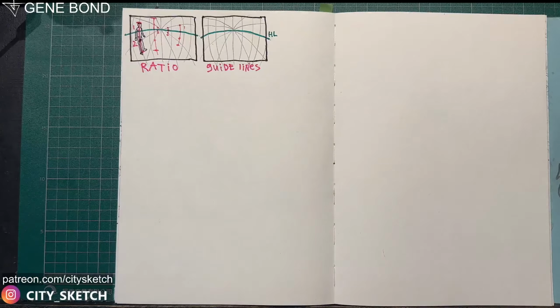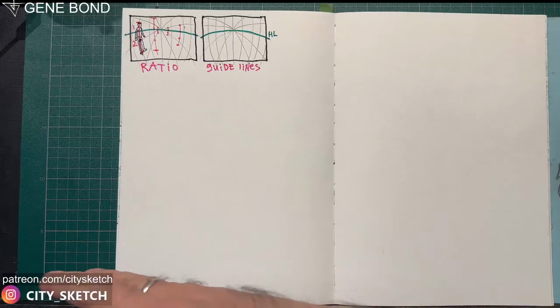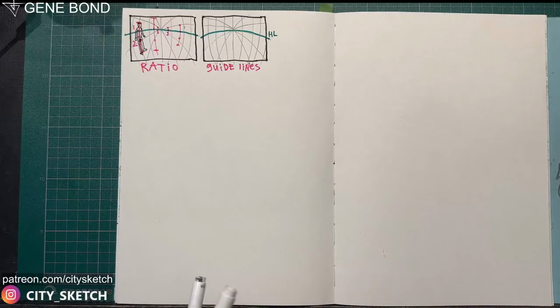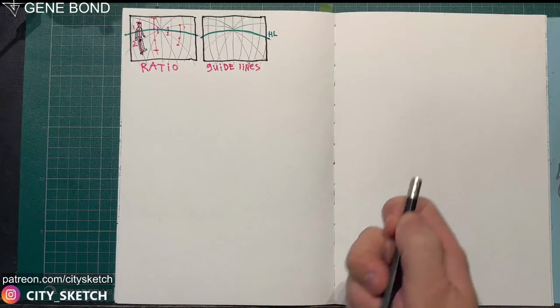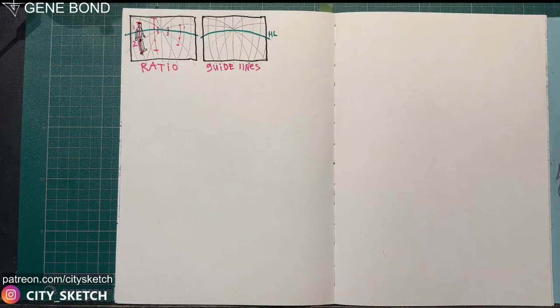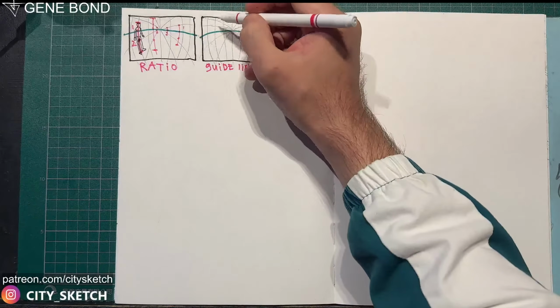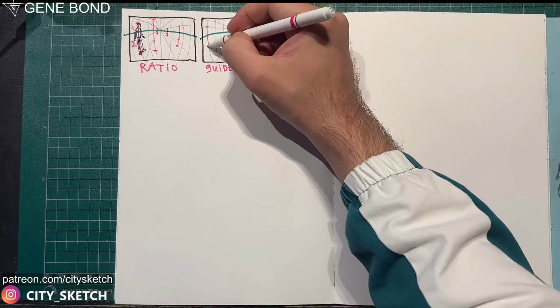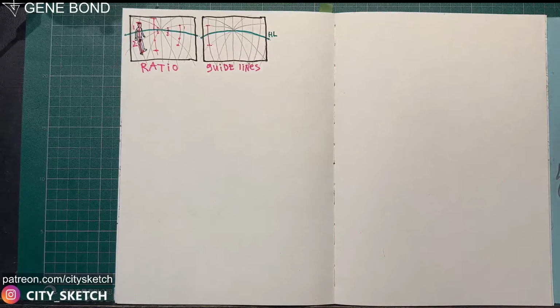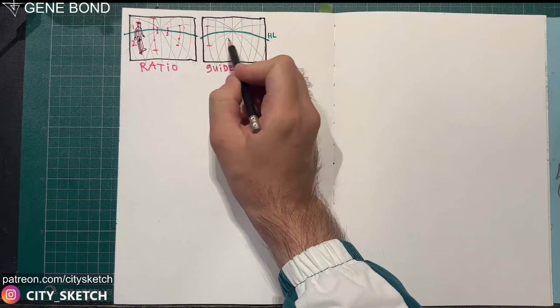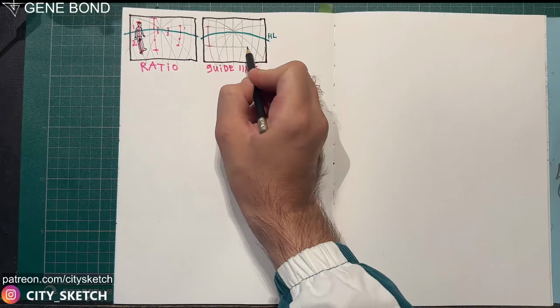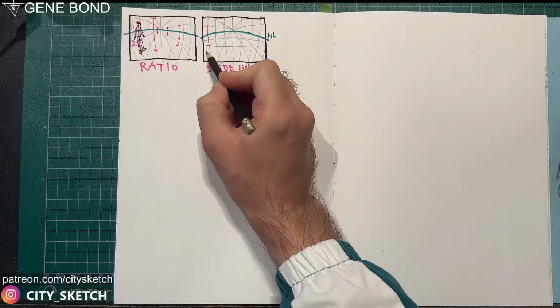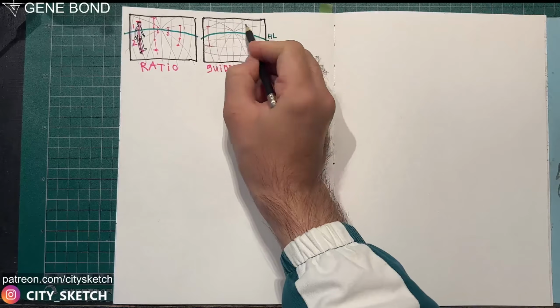So it's one technique which is super quick and convenient. The other technique is with the guidelines. Let's say we have somebody standing here. That's my grid.